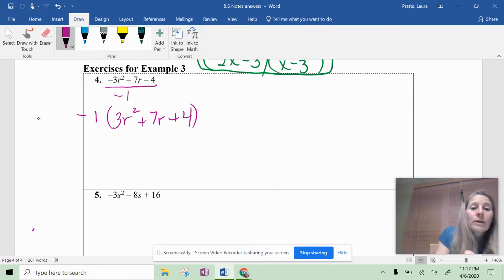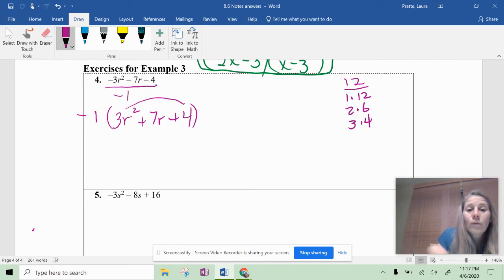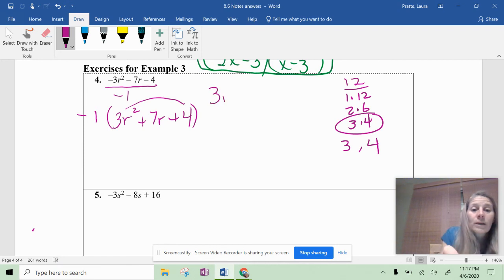So now when you do AC method, 3 times 4 is 12. So look up those factors of 12. Which pair adds to get 7? 3 and 4, and it's going to be a positive of each. So 3r squared plus 3r plus 4r plus 4.